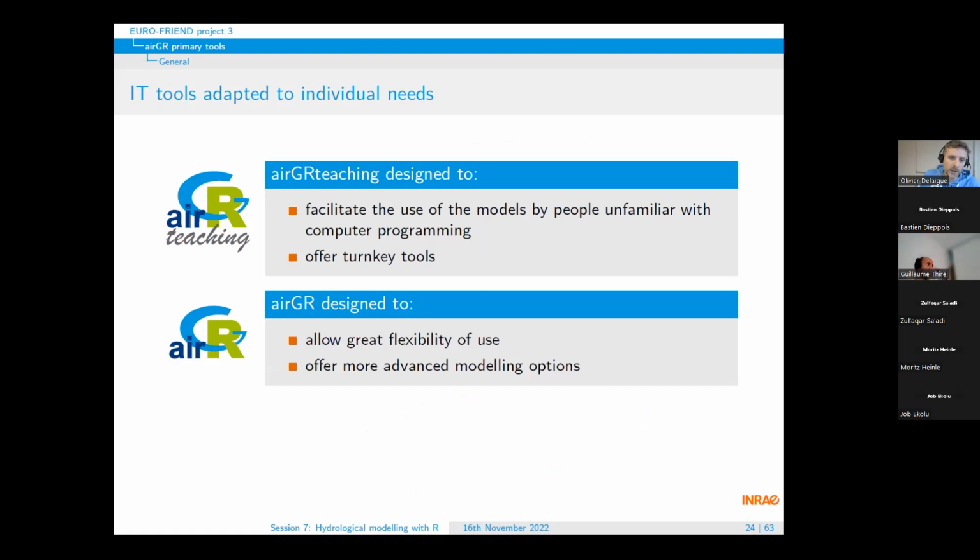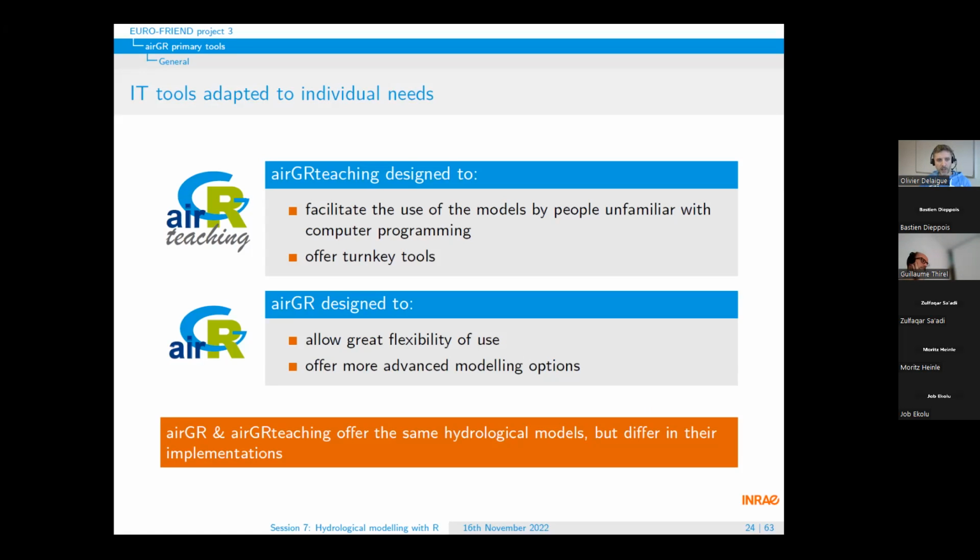And airGR is designed to allow great flexibility of use and offer more advanced modeling options. But you have to keep in mind that airGR and airGRteaching offer the same hydrological models; they differ just in their implementation and their manner of use.